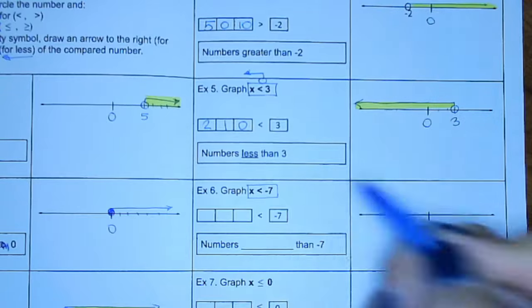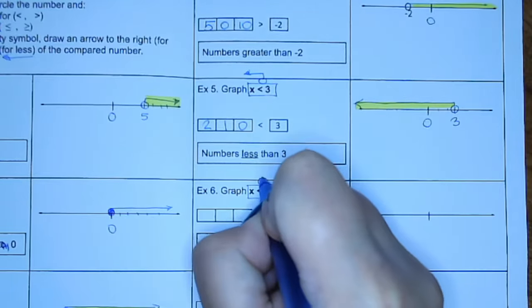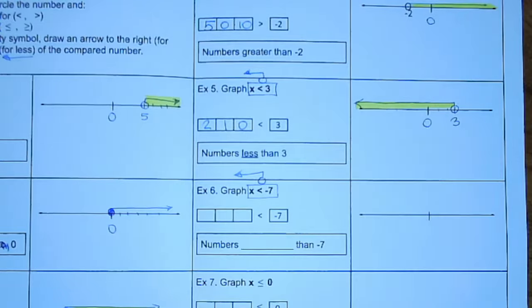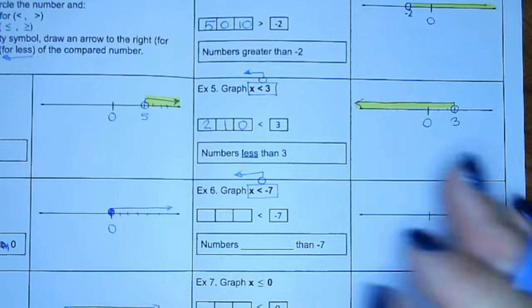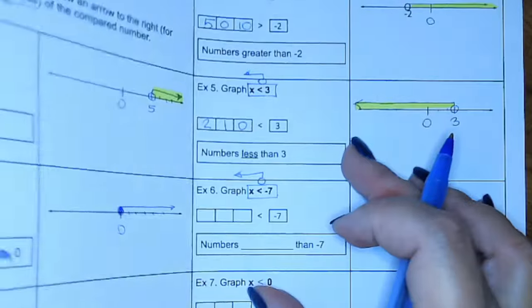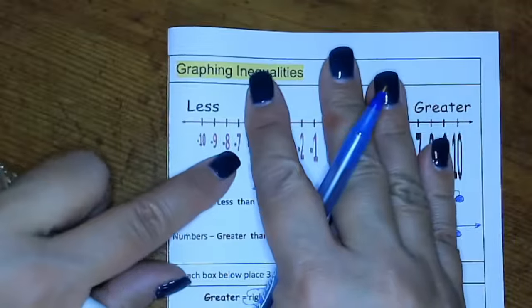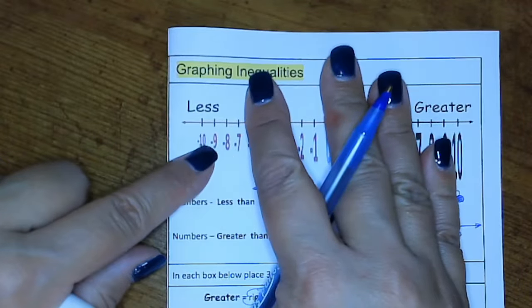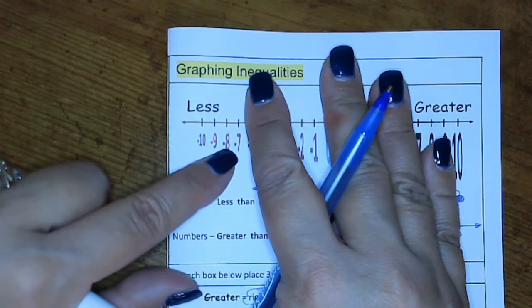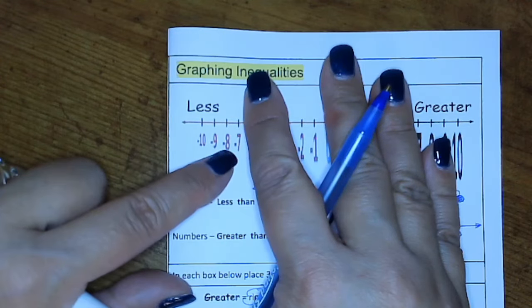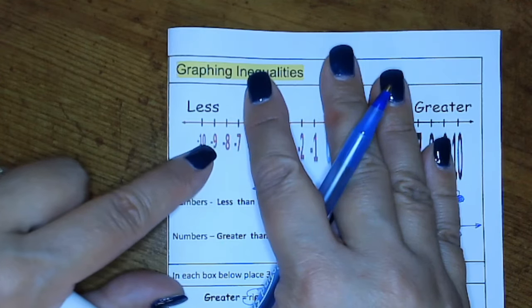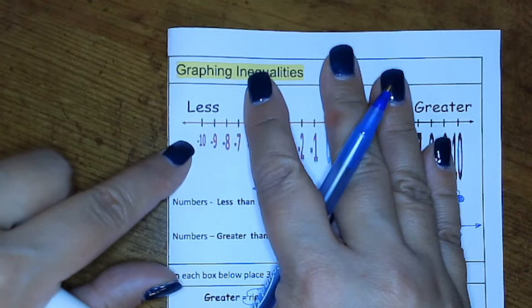If I need to graph numbers less than -7, those go to the left of -7. So check this out. If I go back to my visual number line, -7, and then it gets smaller, smaller, smaller, smaller to the left. -8, the farther away from 0 they are, the less they are on the left-hand side.